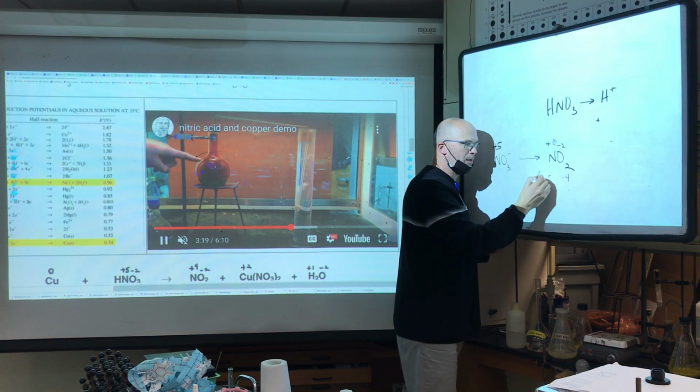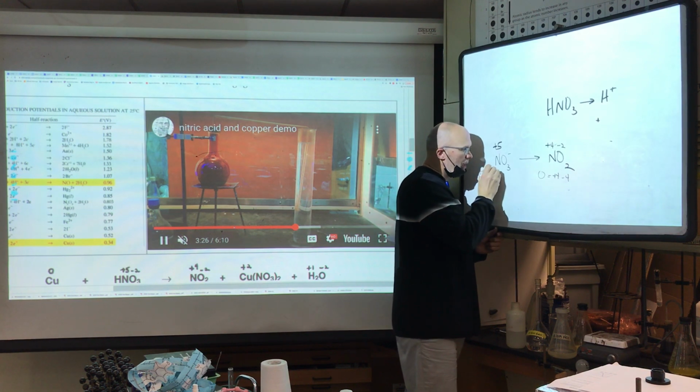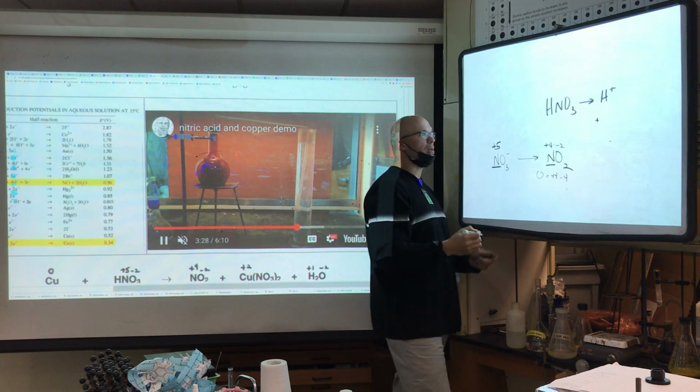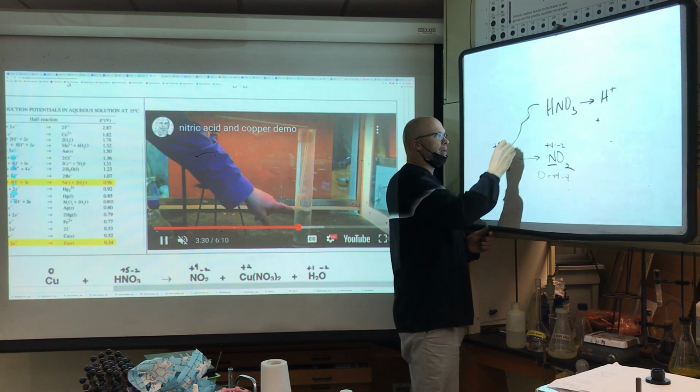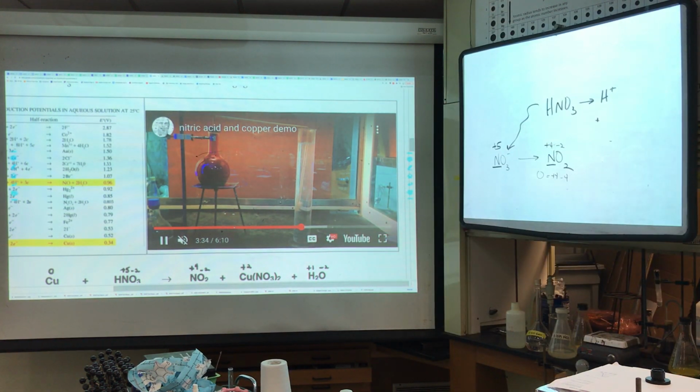For the whole thing to be 0, the N is +4. There's only one N, so it's +4. So you can see that the charge of the N is decreasing because the nitrate ion is grabbing an electron from the copper.